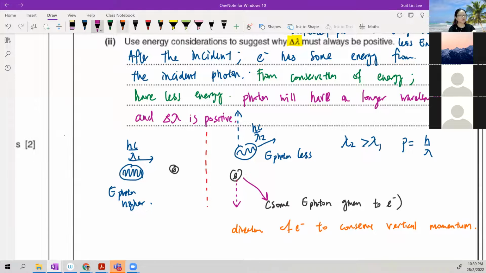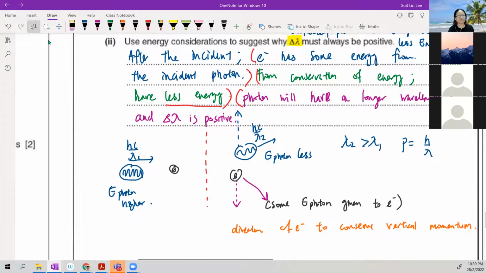Okay, so 1 mark is when you mention the electron has some energy from the photon. The other mark is when you bring out the conservation of energy: the photon will have less energy. And the final mark is when you say the photon will have a longer wavelength.